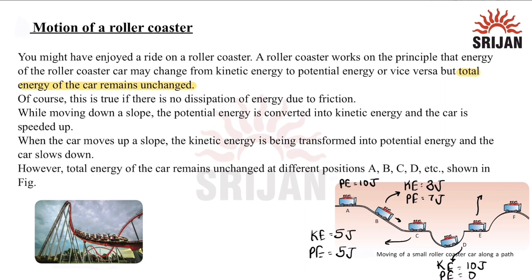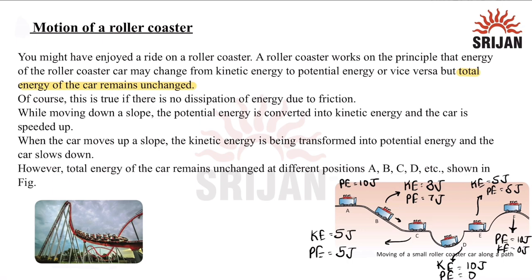If the kinetic energy is decreasing, it will be converting into potential energy again. Let us assume that at position E, the kinetic energy becomes 5 joule from 10 joule, and the potential energy becomes 5 joule from 0 joule. At position F, the potential energy becomes 10 joule and kinetic energy becomes 0 joules.